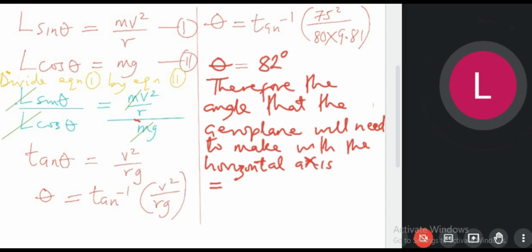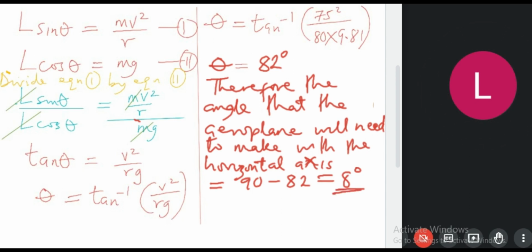That gives us approximately 8 degrees. So the aeroplane has to make an angle of 8 degrees to the horizontal to be able to negotiate the circular track.